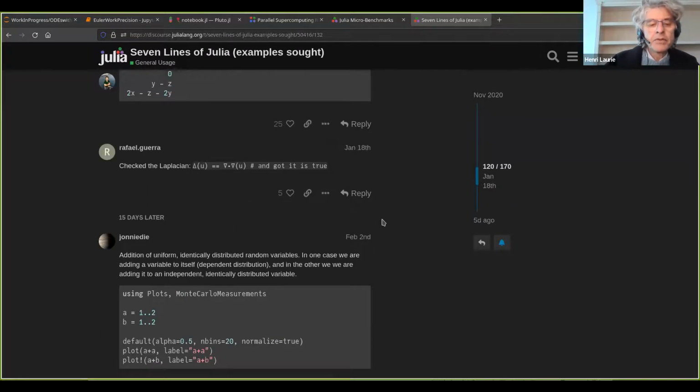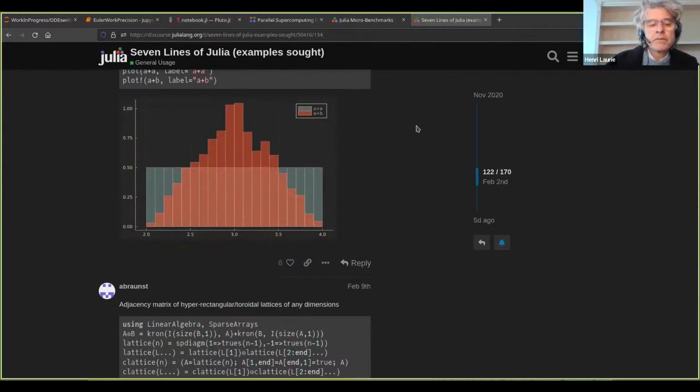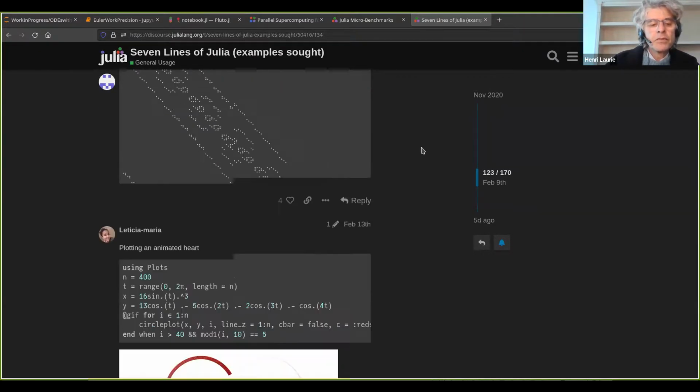There are some other beautiful things that people have done. For instance, this one, if you have A plus A, then you get this little green box, so it's uniformly distributed. And if you have A plus B, then you get more or less the normal distribution, and so on. So this is a website which is full of beautiful things.